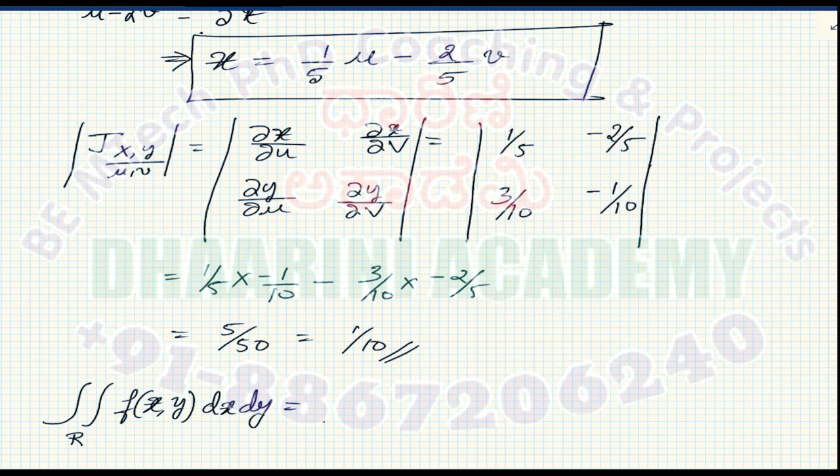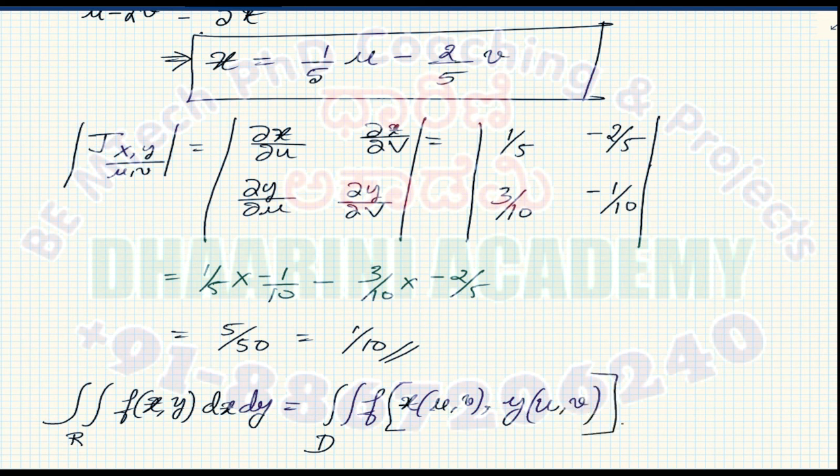This has to be replaced by another region denoted by D. I'm supposed to write the same f where x has to be replaced by u comma v, the y also has to be replaced by u comma v. Then you write the determinant, that is J, x comma y over u comma v, its determinant, into du dv.